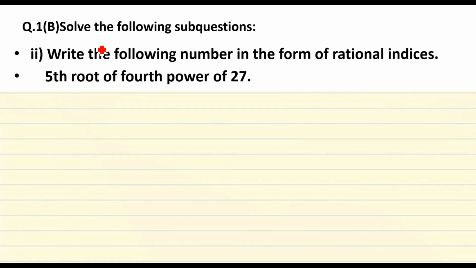Now the next question is to solve the following sub question, and in this question it is asked to write the number in rational indices. So again, what is meant by rational? You should know the basic concept as an 8th standard student, because if you understand mathematics basic concepts well, then your fundamental mathematical background will definitely be strong.